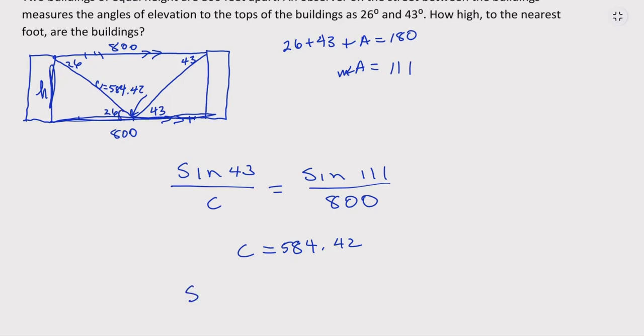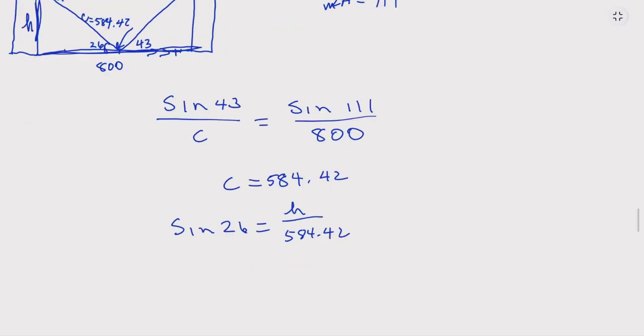So sine of 26 is equal to opposite over hypotenuse, so if we multiply both sides by 584.42, this should give you the side H, which is 256 feet.